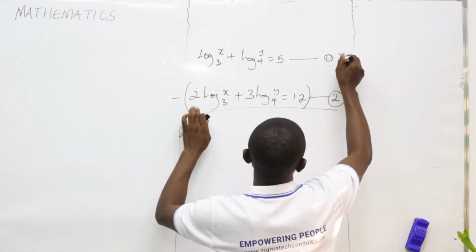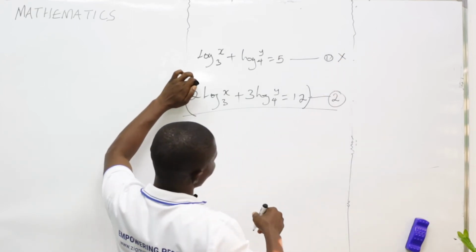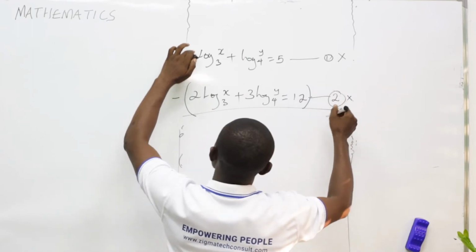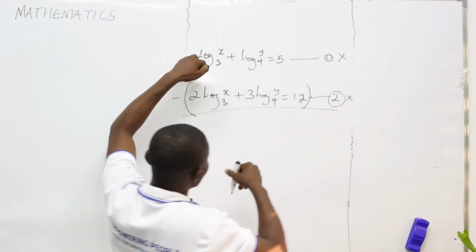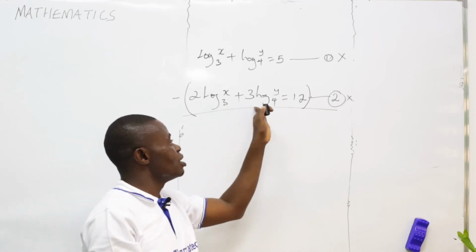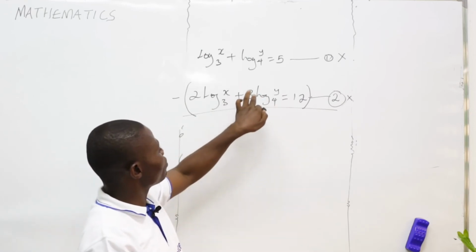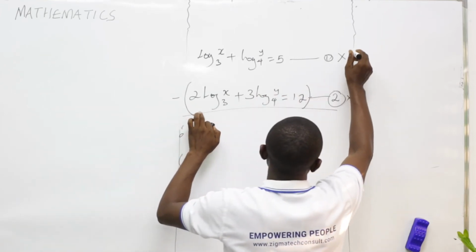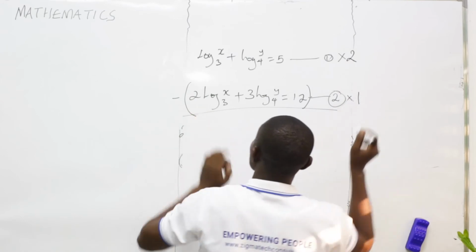Let's multiply this by the coefficient of x in equation 2. Why this? Because we use the coefficient of equation 1 under the variable x. But if you want it under y, you use the coefficient of log y. Now we are using x, which is 2, and here is 1.